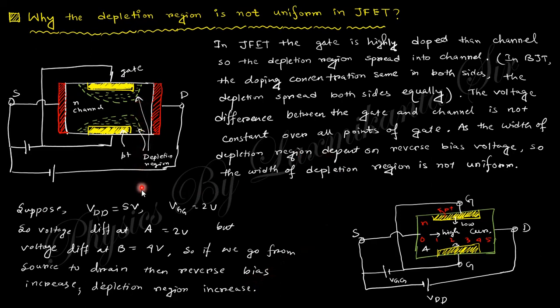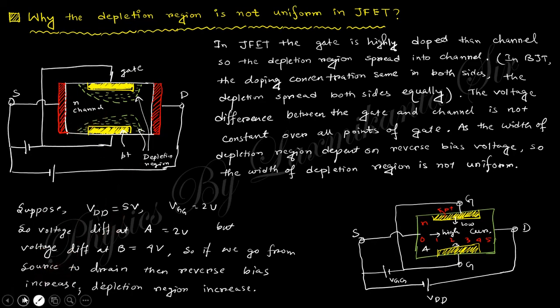Why is this depletion region not uniform? Because the potential difference at every point will change, because there is a potential applied across the source and the drain. And this change is due to the increasing potential, and the potential difference between the gate and that point also increases. That's why this region increases when we come from source to drain.